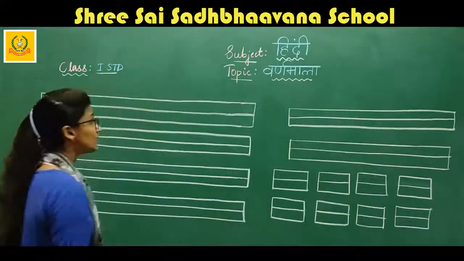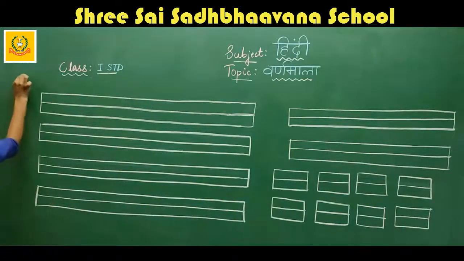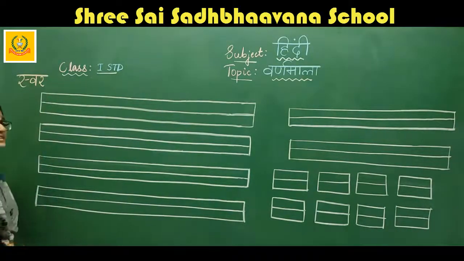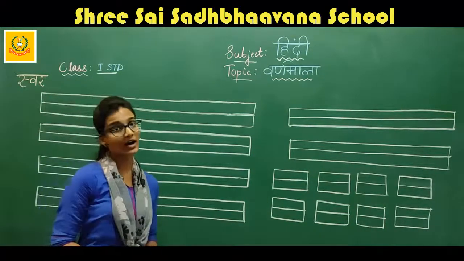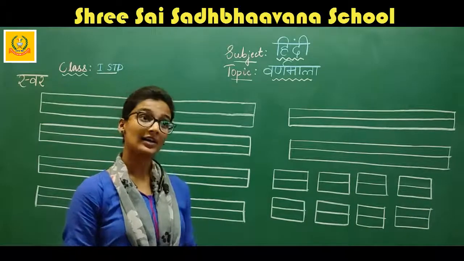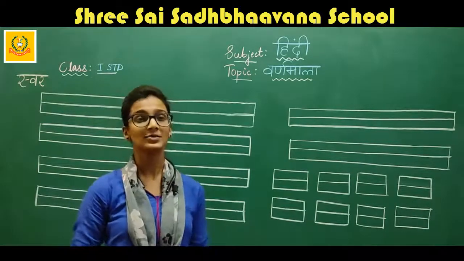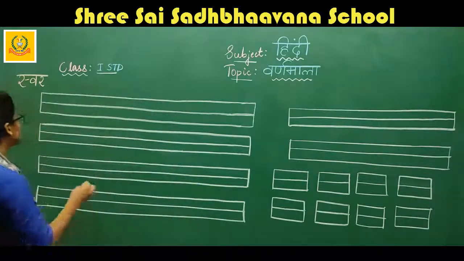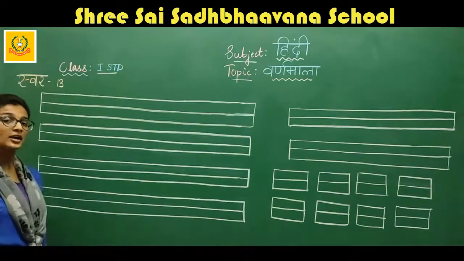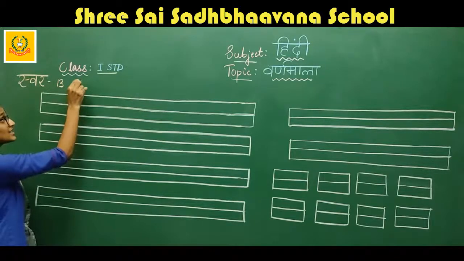So in the previous class, we learned swar. What is swar? Letters from A to Aha are called swar. They are 13 in number.